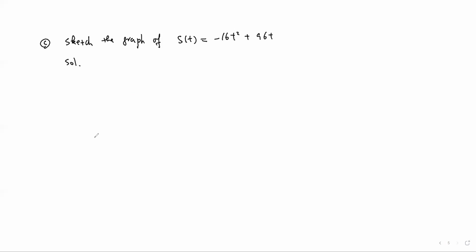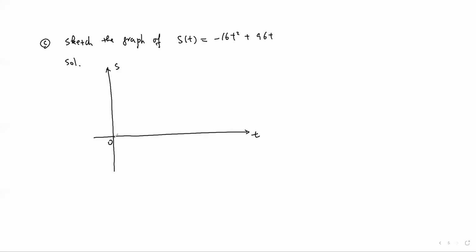Let me draw the graph. Horizontal line is time. Vertical line is position. When t is 0, plug in 0 for t, then we get the value of s is 0.